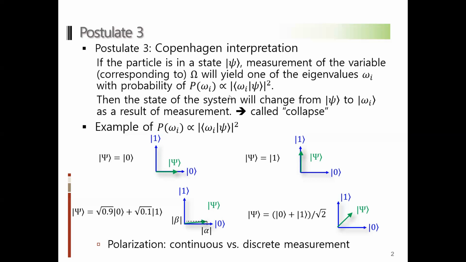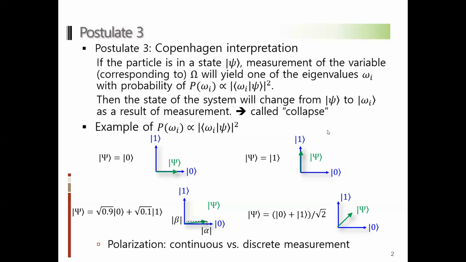Also, the most embarrassing part in the end is that the quantum state of the system will actually change after the measurement. After the measurement, the quantum state probably won't be in the same state as before, and the final state is always the eigenvector corresponding to this eigenvalue. This situation is called a collapse.